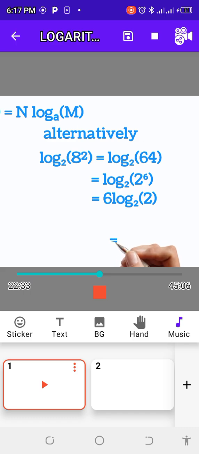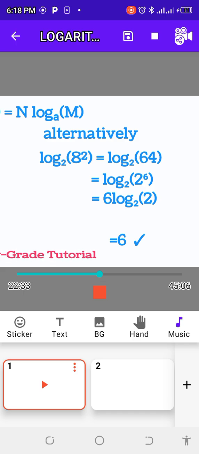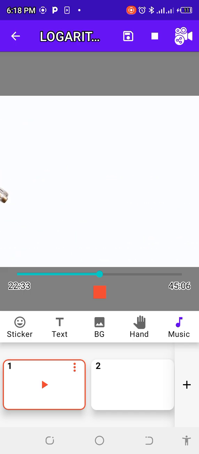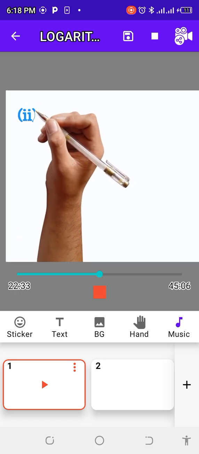Since log of the base is equal to 1, it becomes 6. That is the answer. That's the alternative way of solving that question. So we proceed.